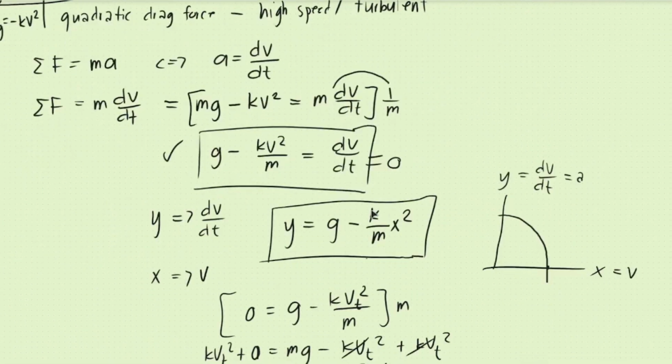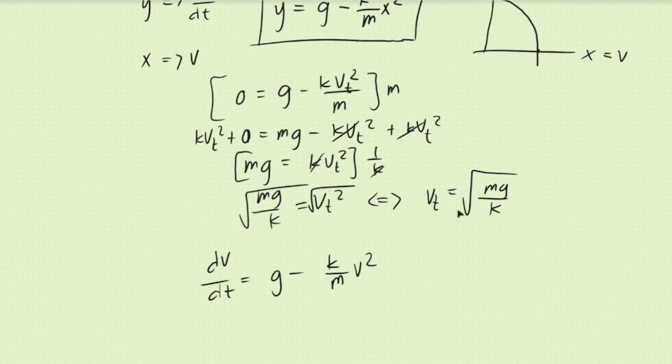I've also discussed the terminal velocity which we got, and in the next video we're going to look for v of t, the velocity of the object in terms of time.